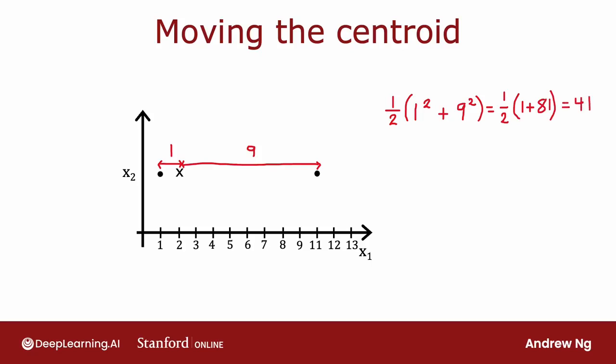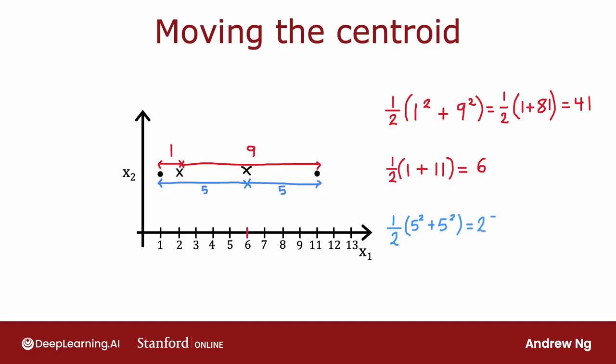But if you were to take the average of these 2 points, so 1 plus 11 over 2, that's equal to 6. And if you were to move the cluster centroid over here to the middle, then the average of these two square distances turns out to be a distance of 5 and 5 here. So you end up with 1/2 of 5 squared plus 5 squared, which is equal to 25.